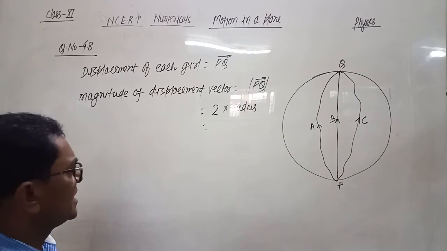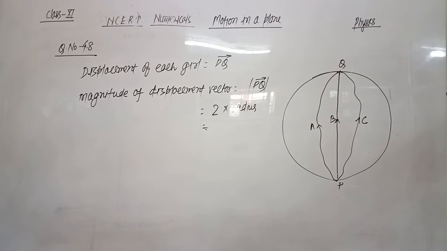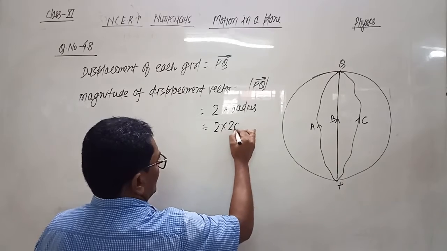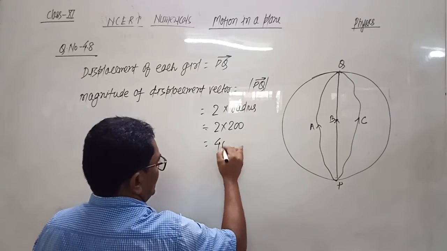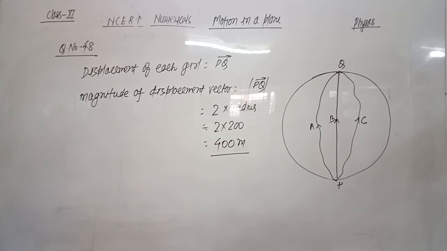So diameter is written as 2 into radius, and the radius is 200 meters. So 2 into 200 meters becomes 400 meters. So the magnitude of the displacement for each gull is 400 meters.